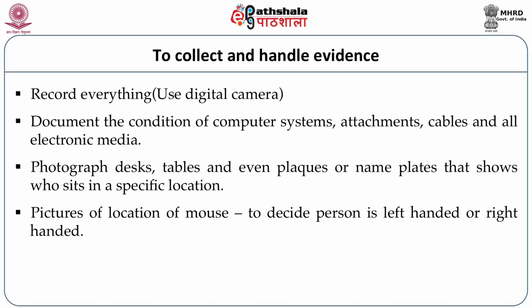Take a picture of the location of the mouse. Now, one might be wondering how that would help. If the mouse is on the left side of the computer, then the person is left-handed. If the mouse is on the right-hand side of the computer, then the person is right-handed.